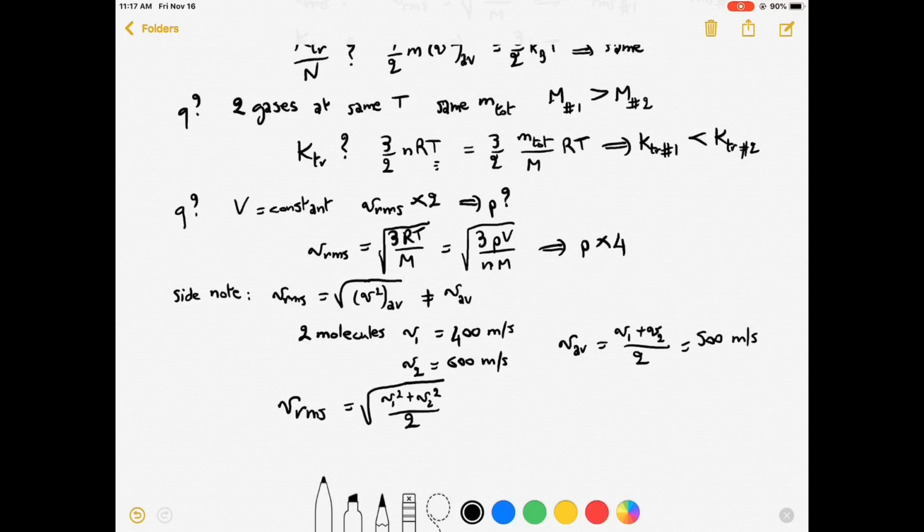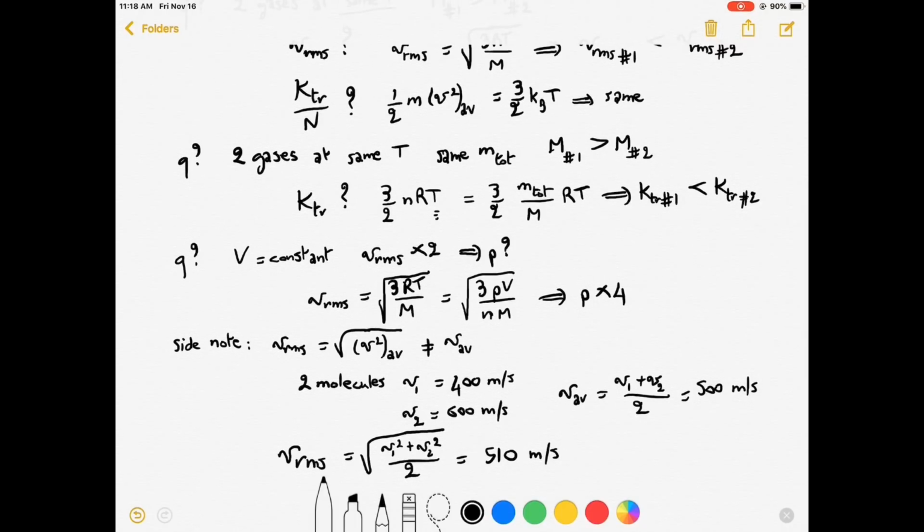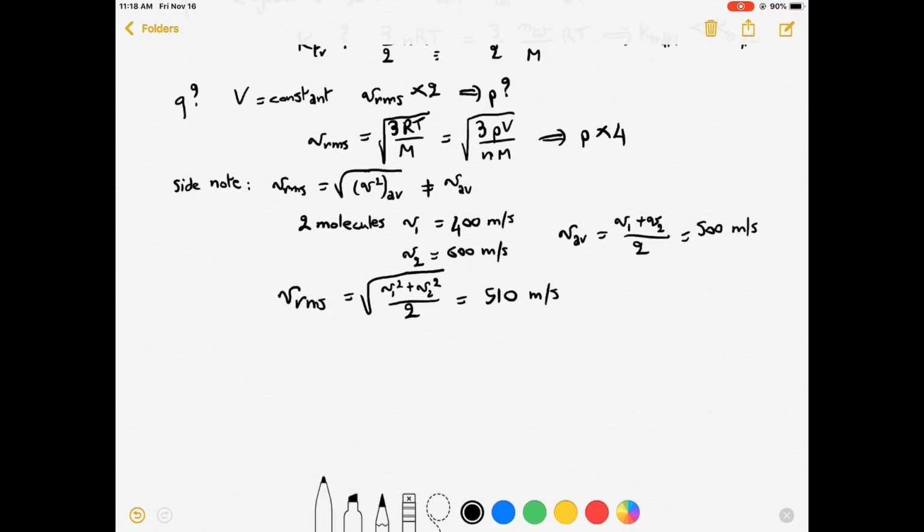So this is the average of the squares, and then I take the square root, and you will find 510 meters per second. So clearly these two are not the same, but the RMS comes naturally when we write the kinetic energy as 1/2 times the average of V squared for the kinetic energy of molecules.